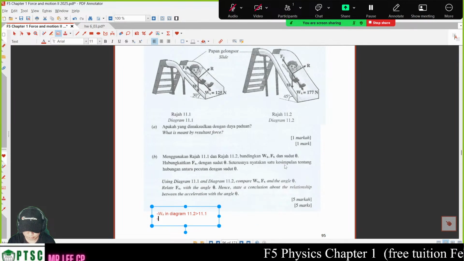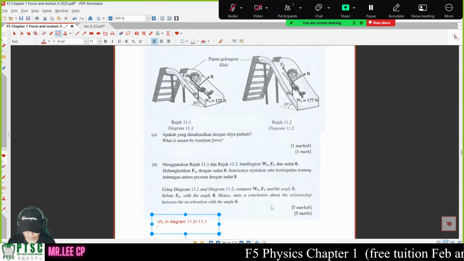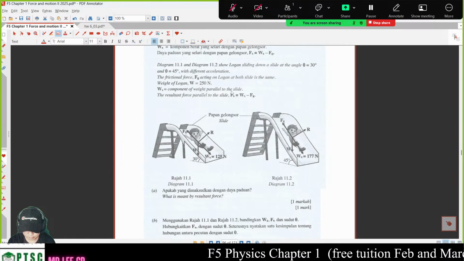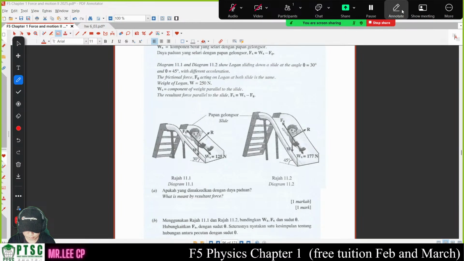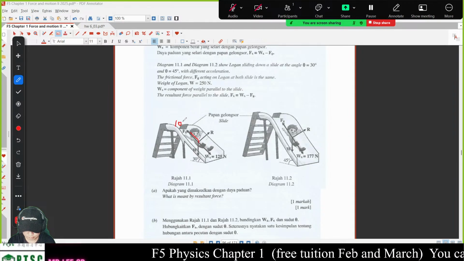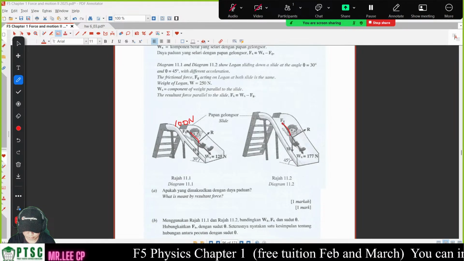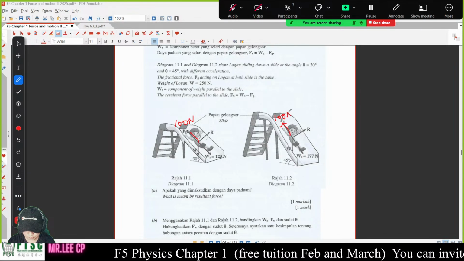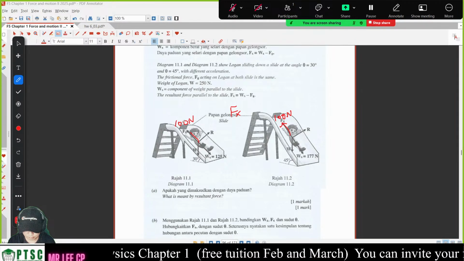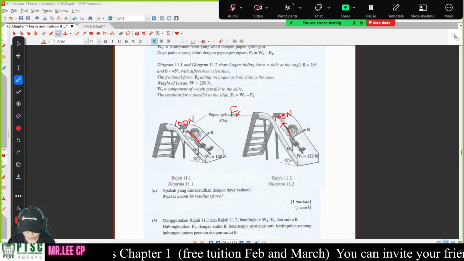Where is Fx? Oh, here. Let's say 100. This one is 100. They said both sides are the same. Fx is equal to this side 125 minus 100. This one is 177 minus 100.